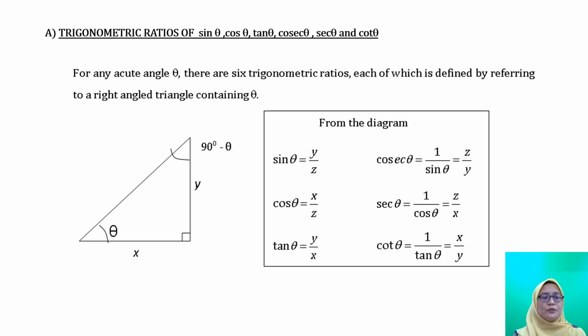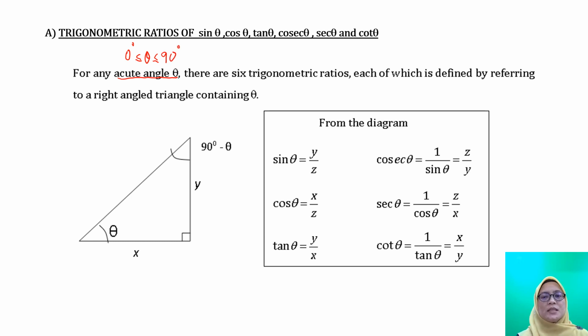Okay, so we go to A, trigonometric ratios of sine, cos, tangent, cosecant, secant and cotangent. For any acute angle theta, acute angle means that your theta is in between 0 to 90.